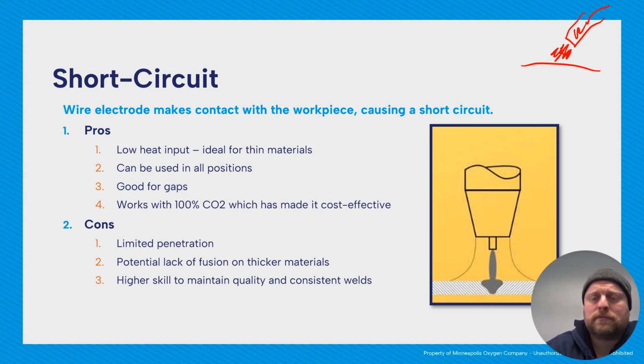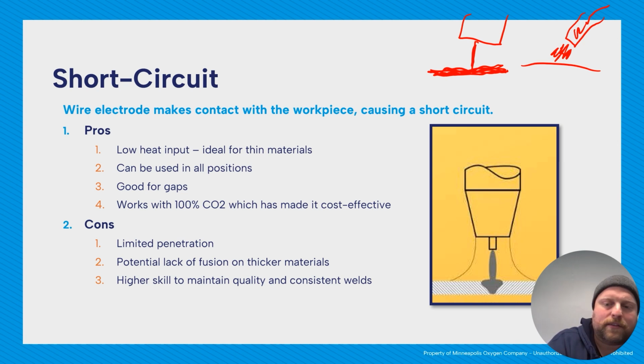With short circuit, here's my weld nozzle, there is a wire, and you're actually making direct contact with the welding surface, and that's causing a short circuit. We're going to see shortly in a video how it actually propels material into the weld pool.